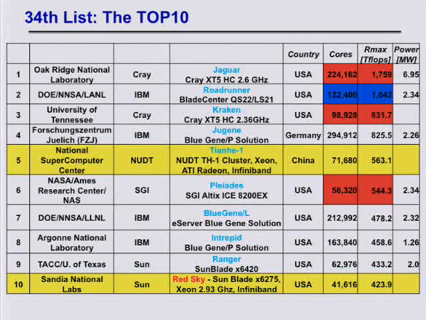The difference is that the Jaguar system has 2 sockets per node, whereas Franklin only has 1. As you see, there's almost 2 petaflops of performance as measured by the LINPACK benchmark.